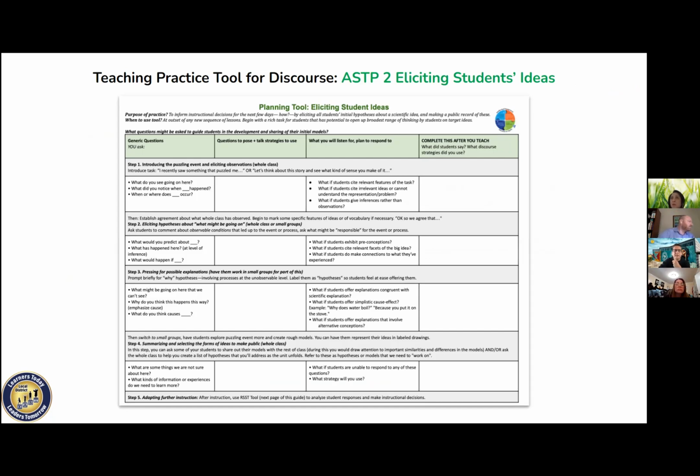It's introducing the puzzling event by having different instruments being played, eliciting hypotheses about what might be going on. So those drawings were evidence of that. And then finally, students trying to explain why those events were happening through their drawings.